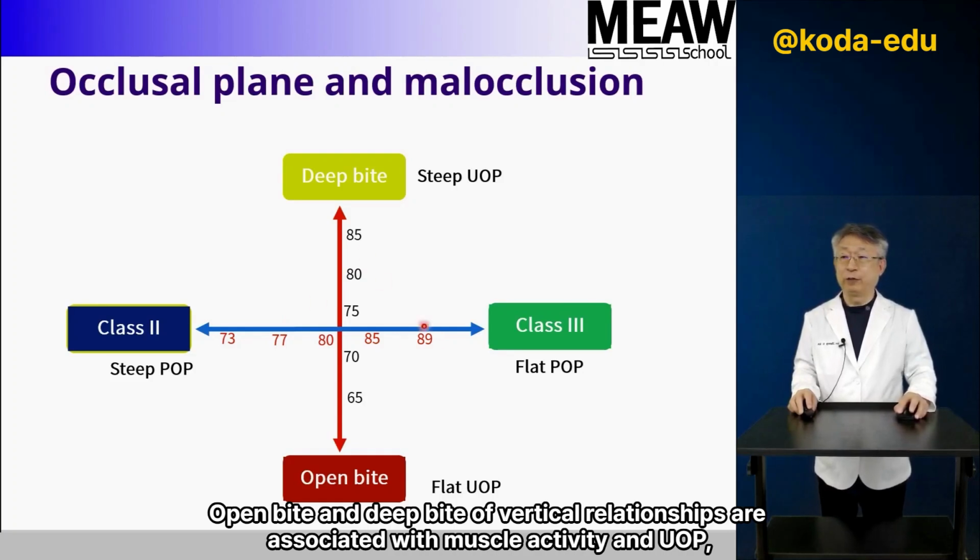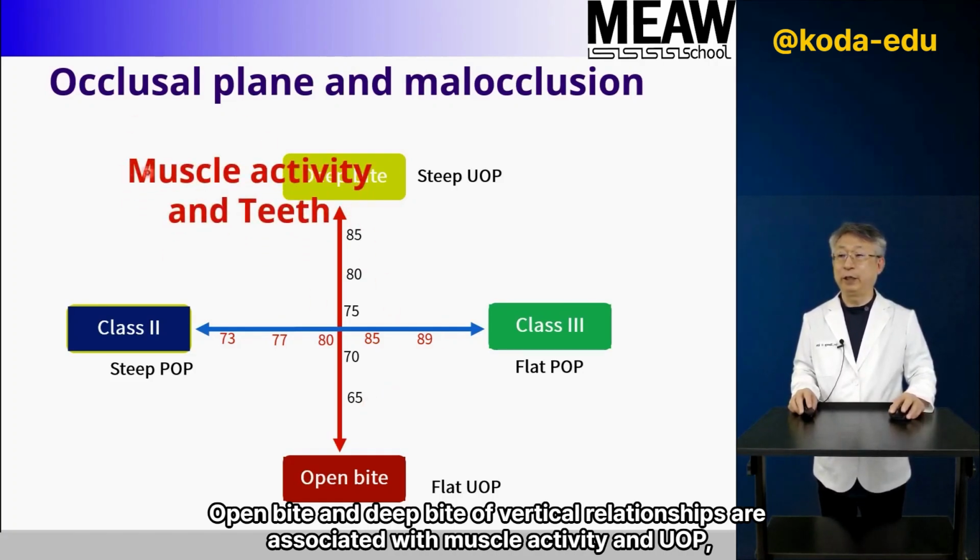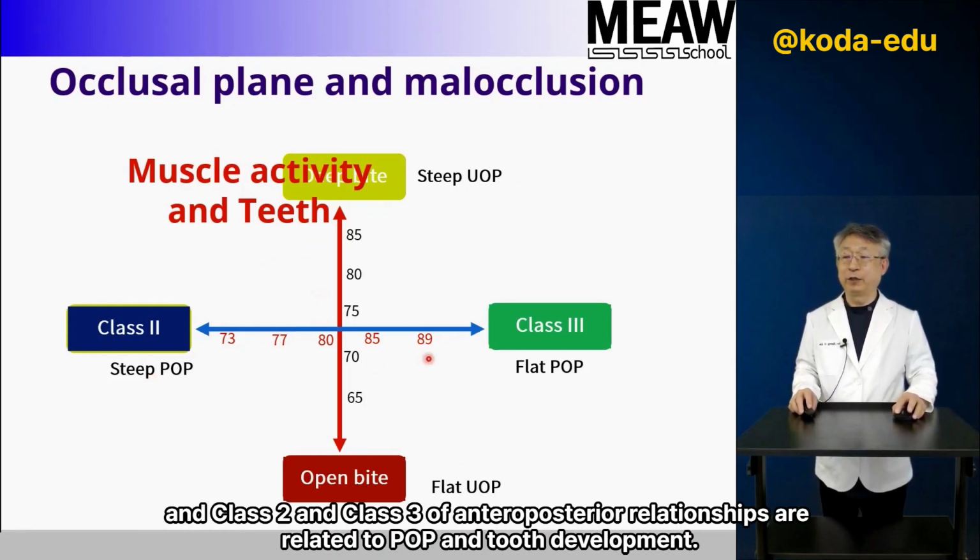Open bite and deep bite of vertical relationships are associated with muscle activity and UOP. And Class 2 and Class 3 of anteroposterior relationships are related to POP and tooth development.